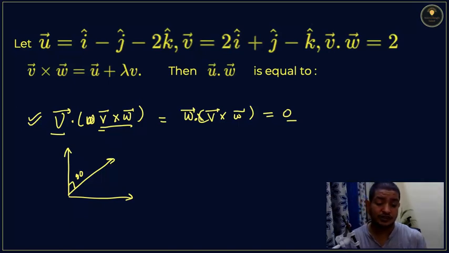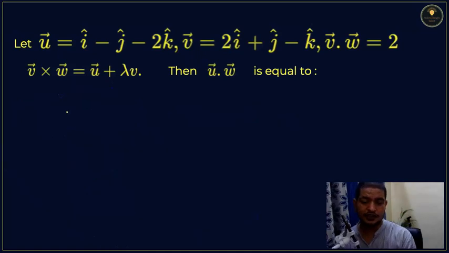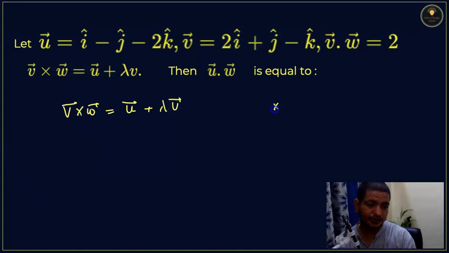Now let's move on to how to solve this question, because finding the answer is also important in the JEE examination. Firstly, we write v cross w is equal to u vector plus lambda times v vector.